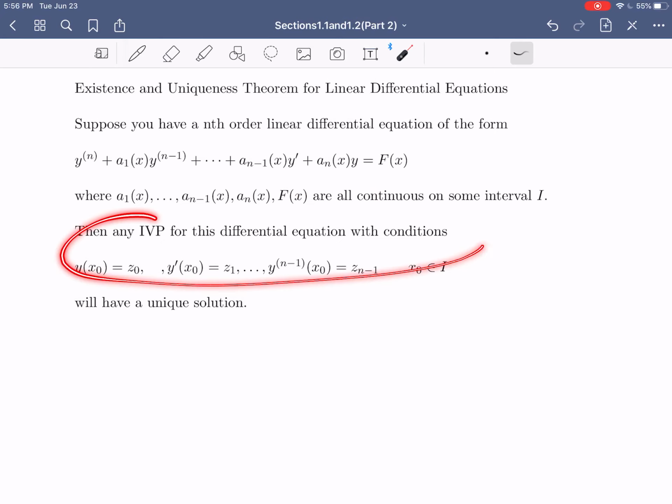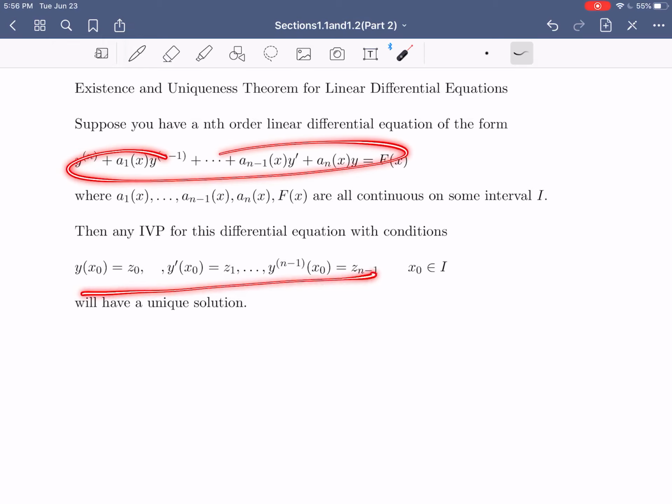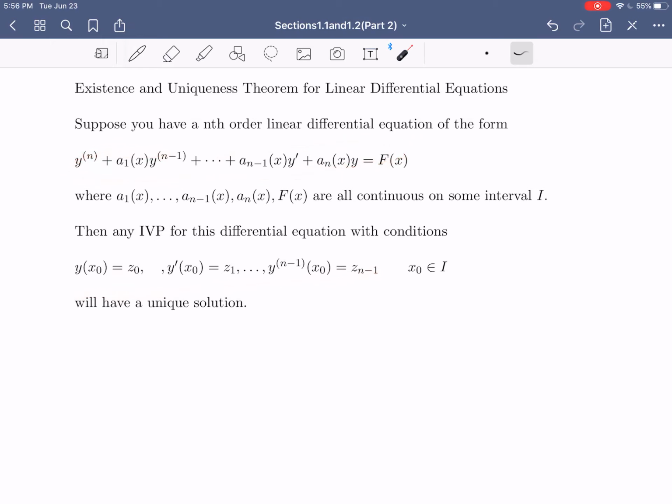Then, any IVP for this differential equation with conditions of this format, right? So again, the IVP, since this is nth order, has to have those n conditions, starting from a condition on the function to a condition on the n minus first derivative of the function. And as long as that x sub 0 is inside of that interval, it is guaranteed to have a unique solution.